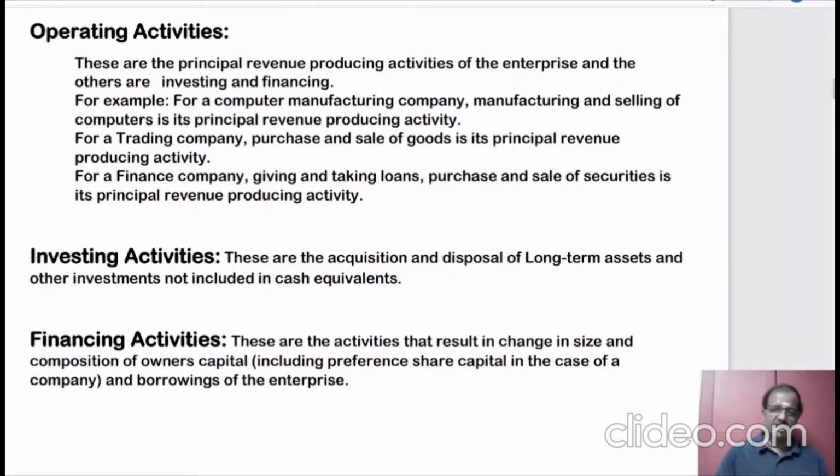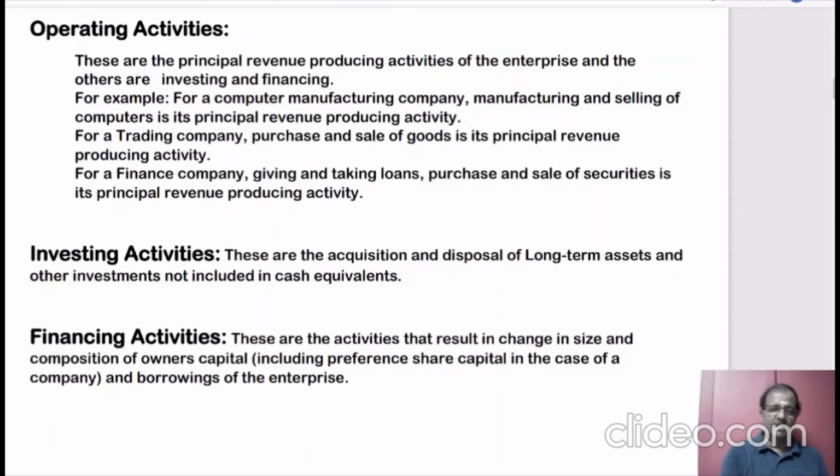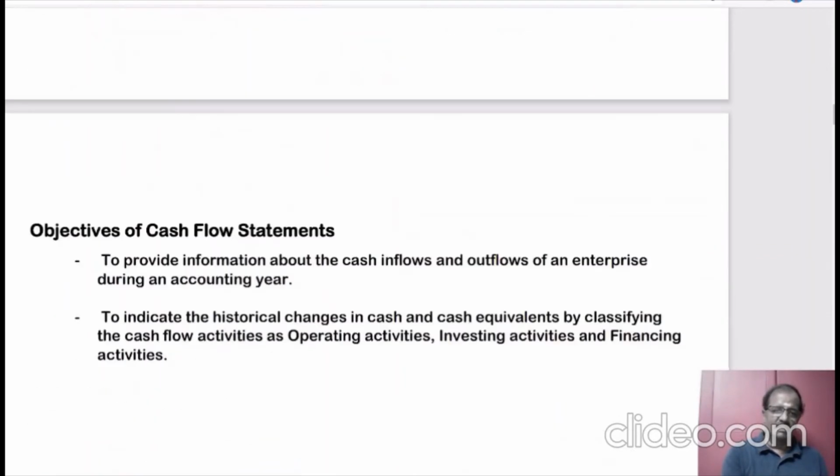Whereas investing activity, in general, for easy understanding, all the balance sheet asset side items could be classified under investing activity, where the company had invested, maybe for buying long-term assets or long-term investments or something like that. The cash has gone out mainly on that. And financing activities are mainly related to capital and other long-term liabilities.